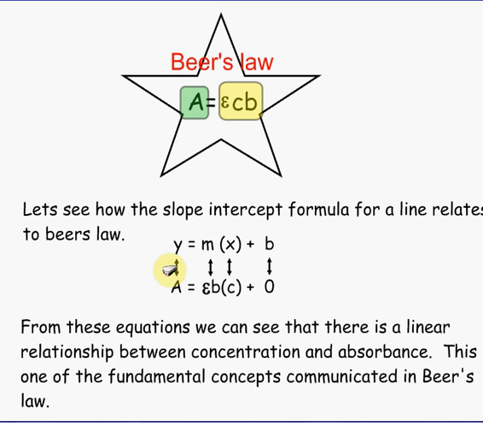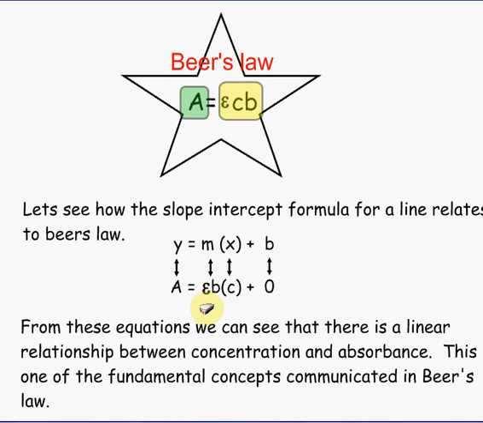If we have the slope-intercept formula of a line, y equals mx plus b, and our equation for Beer's law, absorbance is equal to the extinction coefficient times the path length times the concentration. We can see that the absorbance is equal to y, our dependent variable. Our slope is equal to the extinction coefficient times the path length.